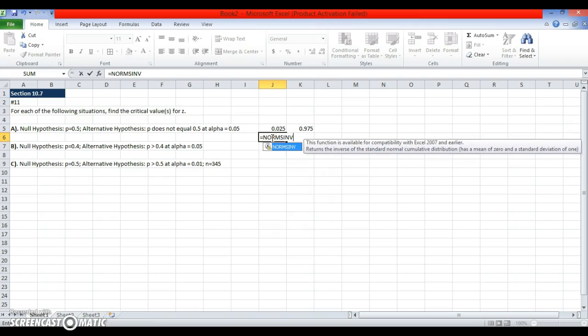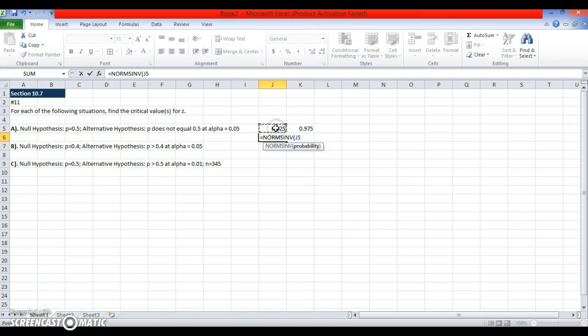It's kind of intuitive once you see it. For 0.025, NORM.S.INV gives negative 1.96. Flip it to the other end: if this side is negative, the other side must be positive. The normal distribution is perfectly symmetrical, so it's exactly opposite, 1.96 in the positive. Those are your two critical values for z on a two-tailed test.